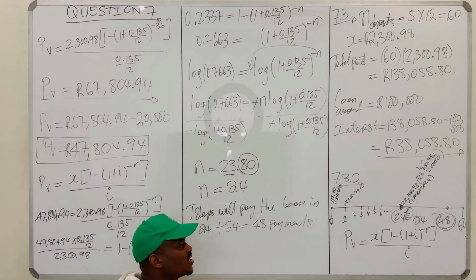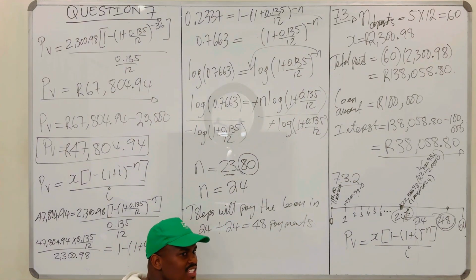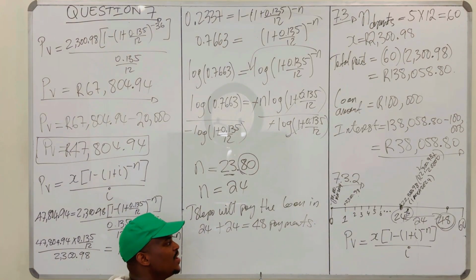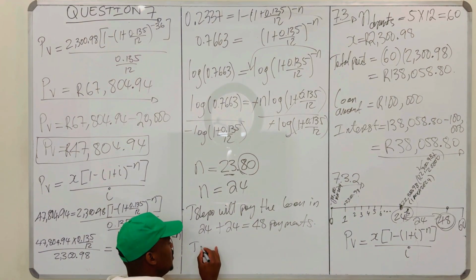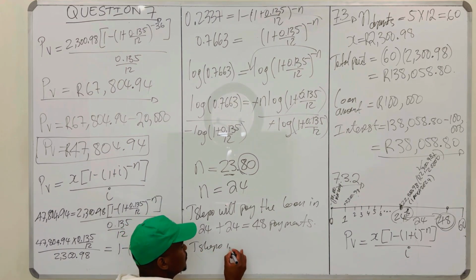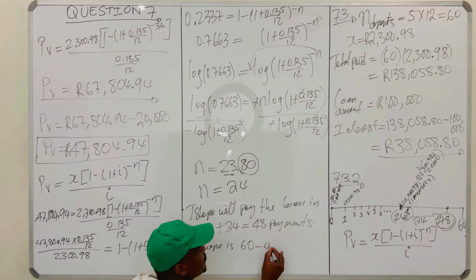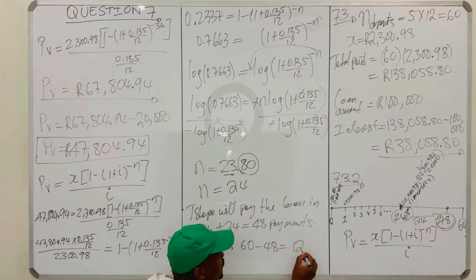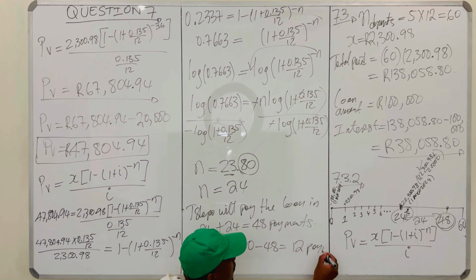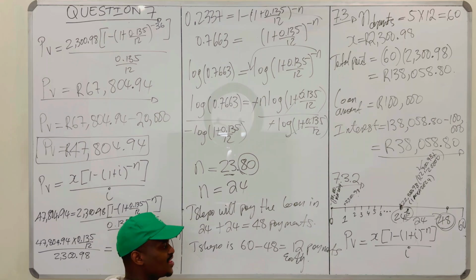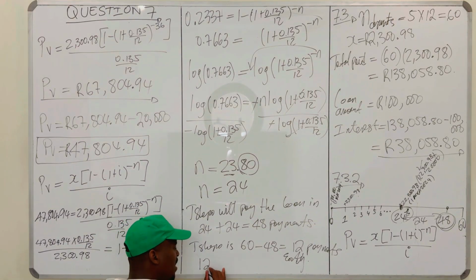But TEP was scheduled to finish the payment after 60 months, which means, how many months is he early? TEP had 60 payments expected from him, minus 48 payments. So TEP is 12 payments early. But since he was paying monthly, he is 12 months early.